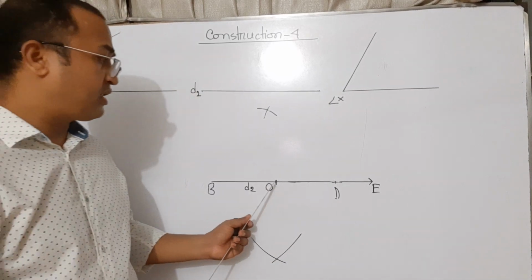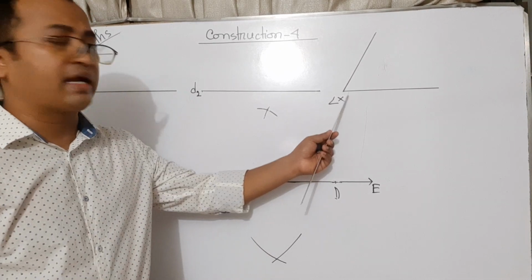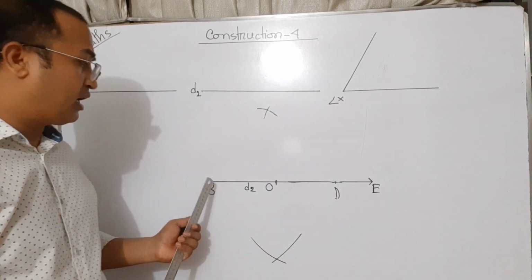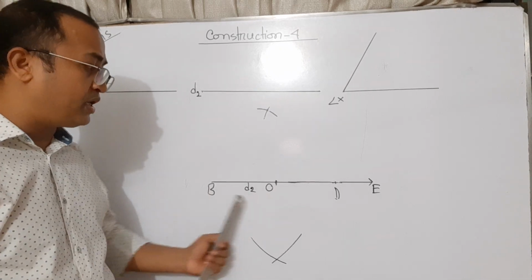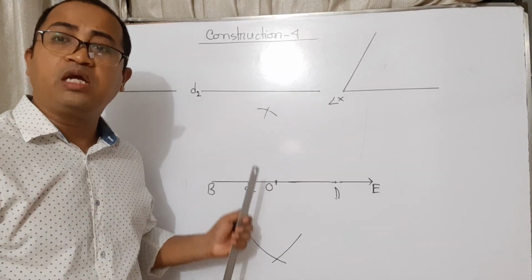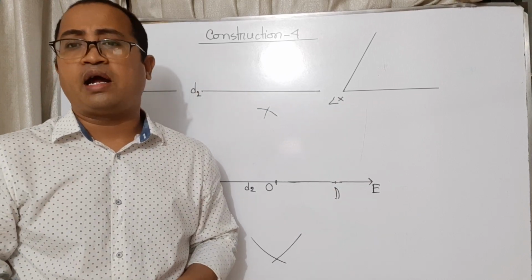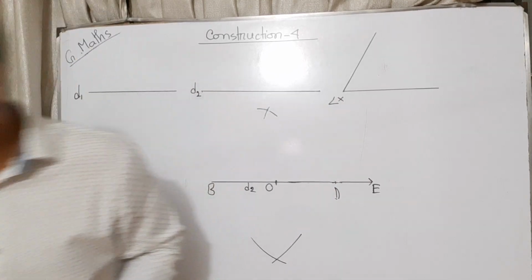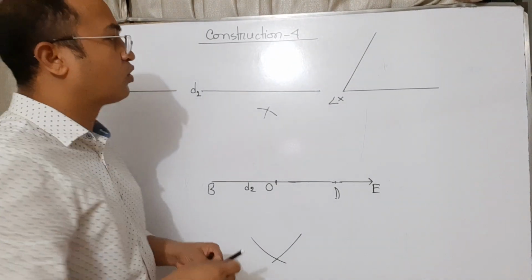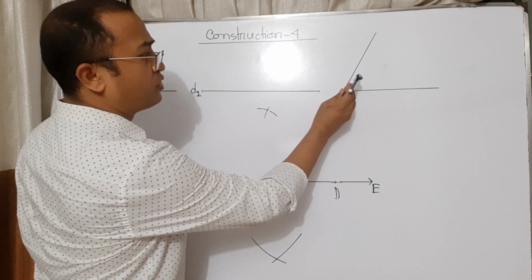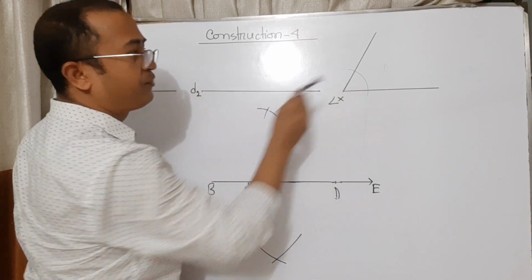Now, at the point O, with the line BO, we draw the angle X. Again, at the point O, with the line BO, we draw an angle BOF equal to X. And you know how to draw an angle equal to an angle, but I'll show it again. Look, with any radius draw an arc over there.